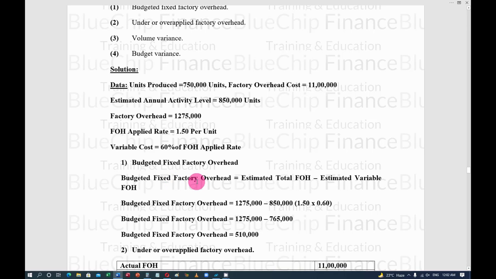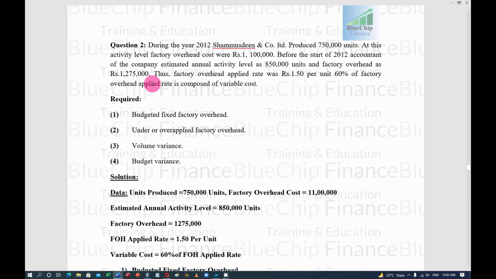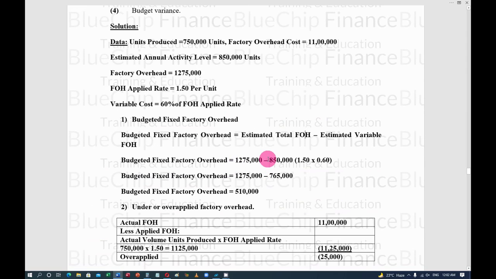Just as total cost equals fixed cost plus variable cost, in exactly the same way budgeted fixed factory overhead equals estimated total FOH minus estimated variable FOH. So budgeted fixed factory overhead equals the estimated total FOH, that is 1,275,000, minus estimated variable FOH.